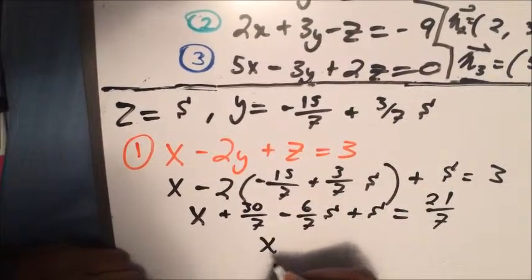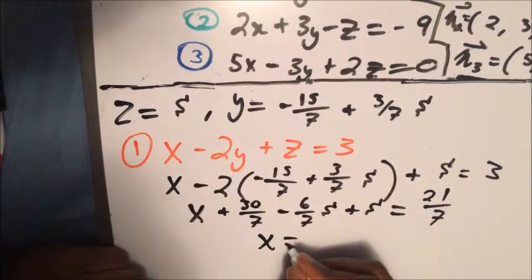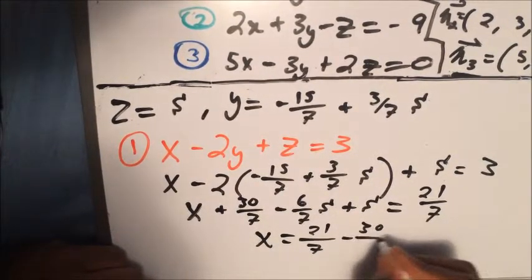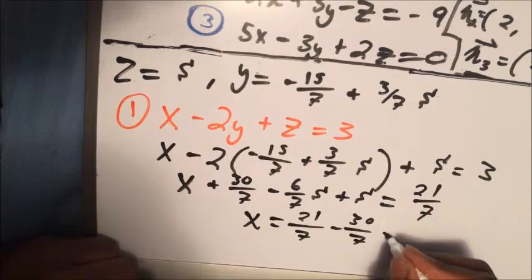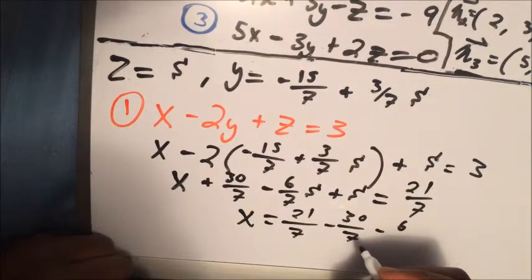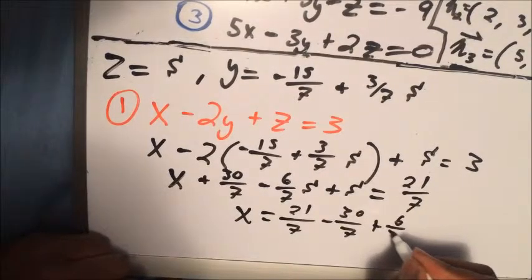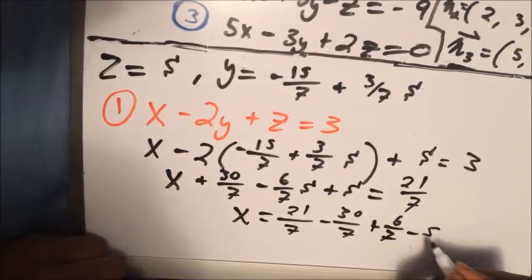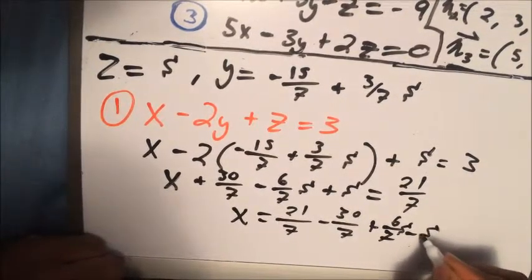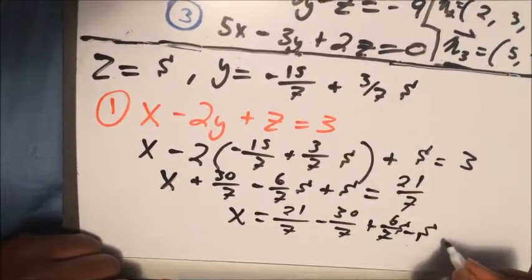So I have x equals 21 over 7, take away 30 over 7, plus 6 over 7s, because I'm moving to the other side, take away s.